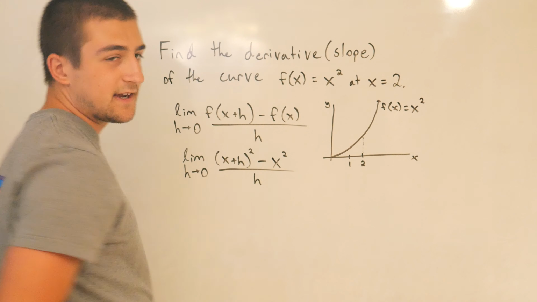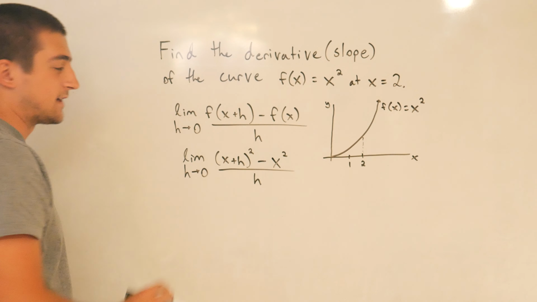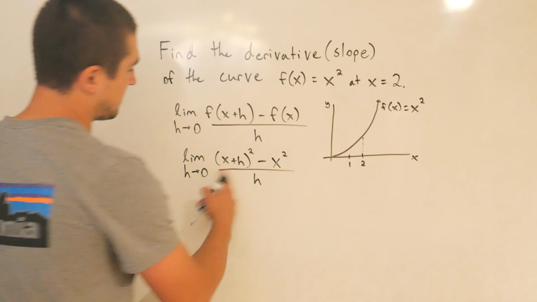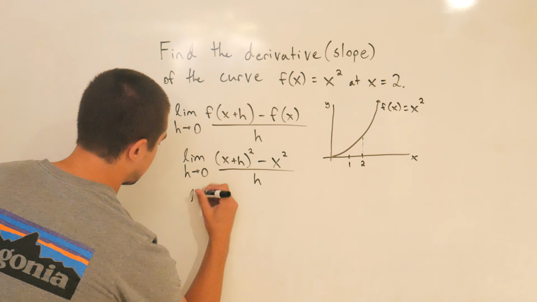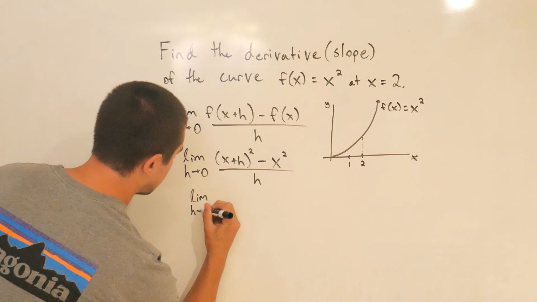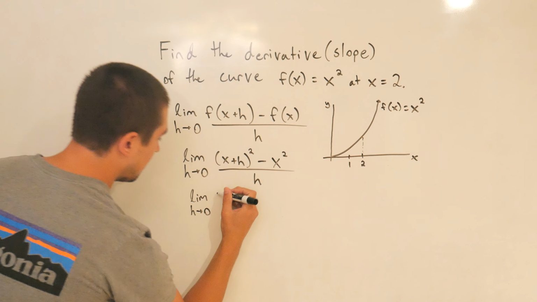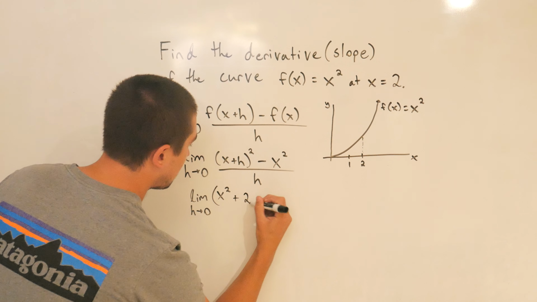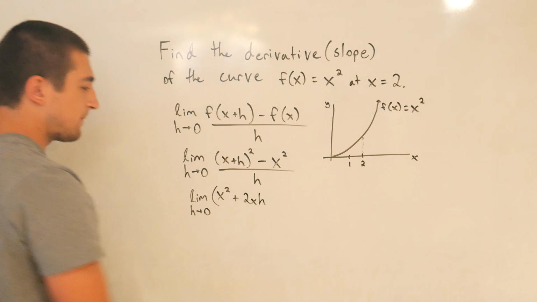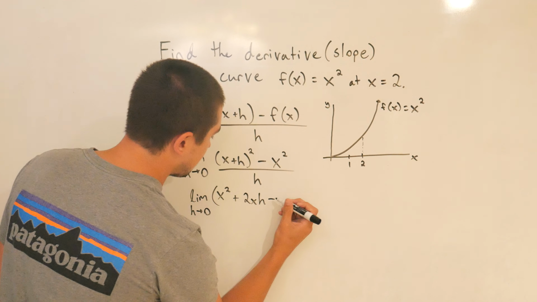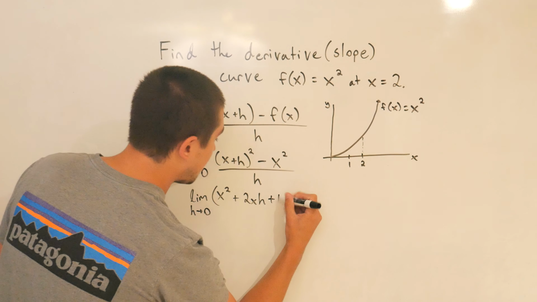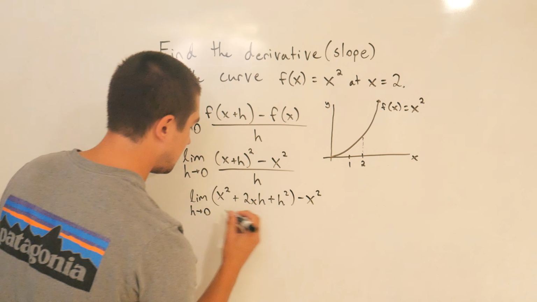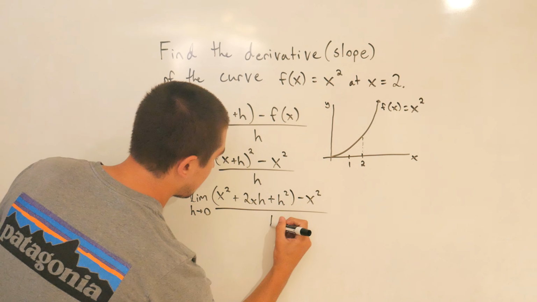And we can't just plug in 0 here for h, because then we'll be dividing by 0, so we need to mix some things around. So we'll FOIL this out, and we'll get the limit as h approaches 0 of x squared plus 2xh plus h squared minus x squared over h.